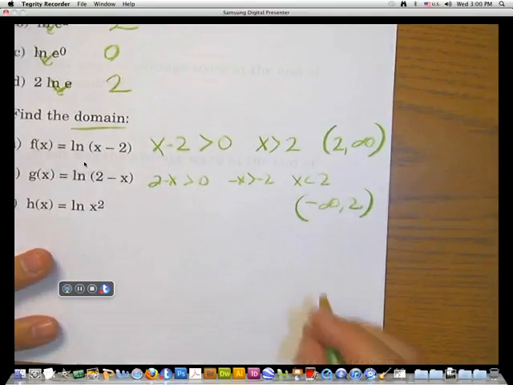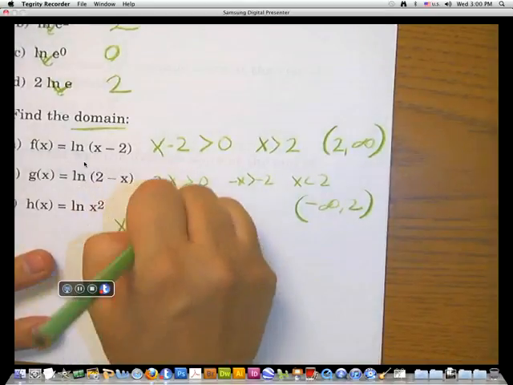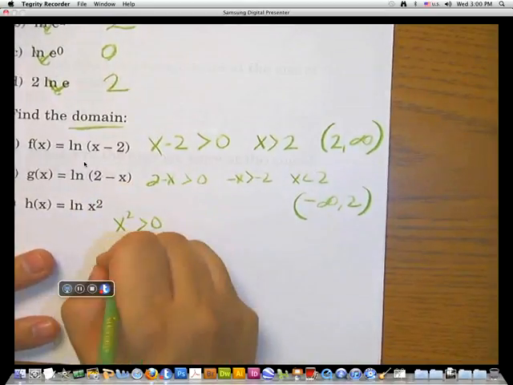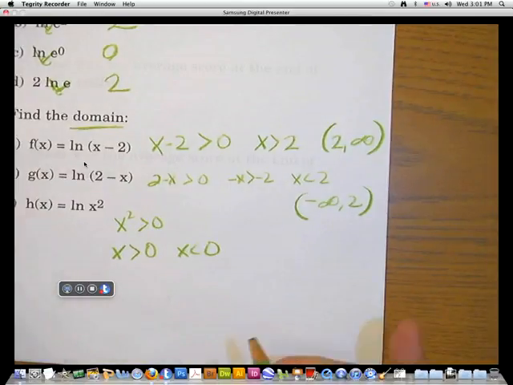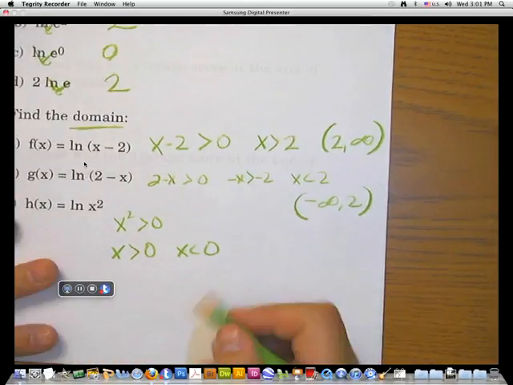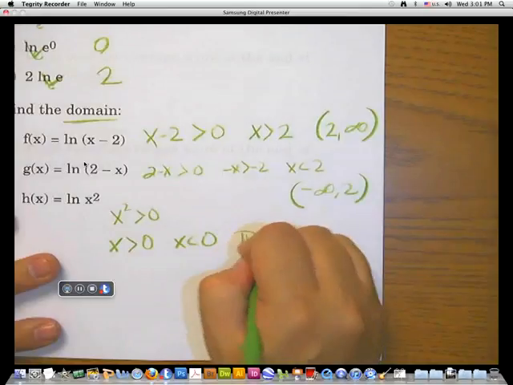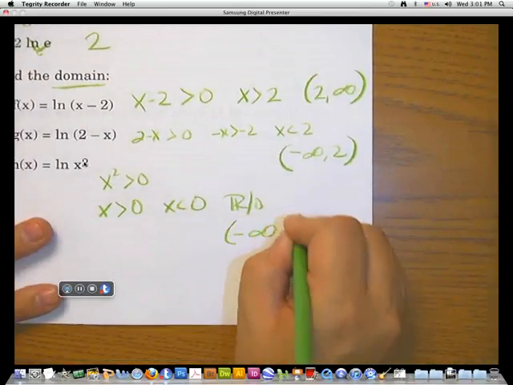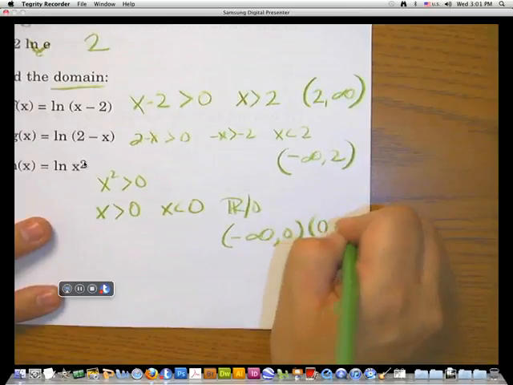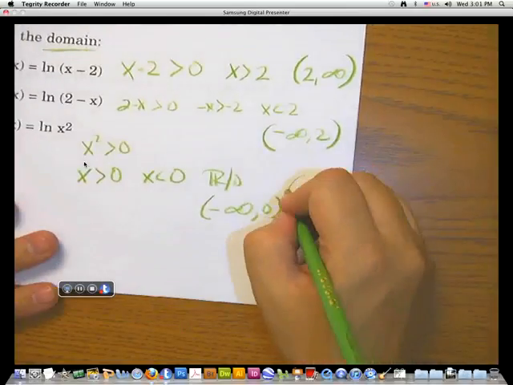Again, interval notation. x squared has to be greater than 0. Remember, when we square, we have to account for the positive and the negative. So we're everything except 0, which in interval notation means negative infinity to 0 and 0 to infinity.